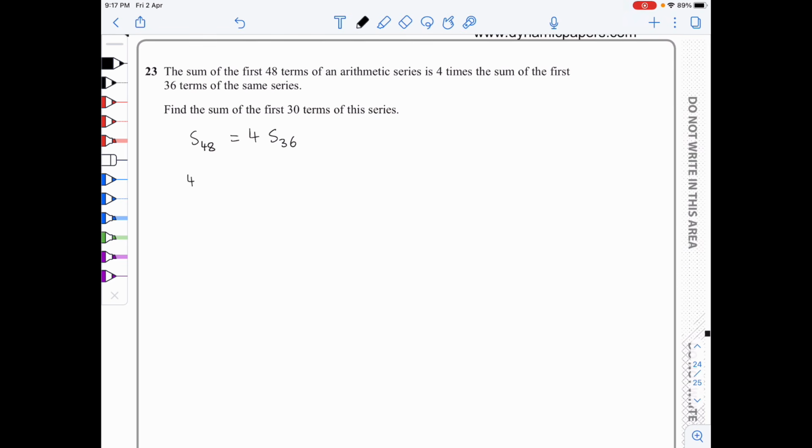Now S48 is 48 over 2, 2a plus 48 minus 1d. This is 4 times 36 over 2. And we've got 2a plus 36 minus 1d.